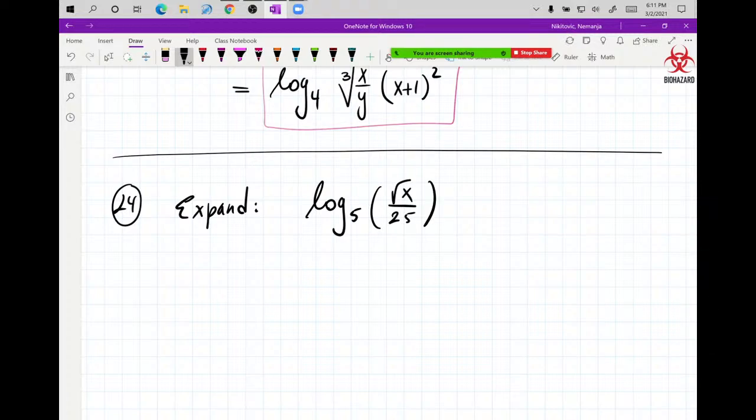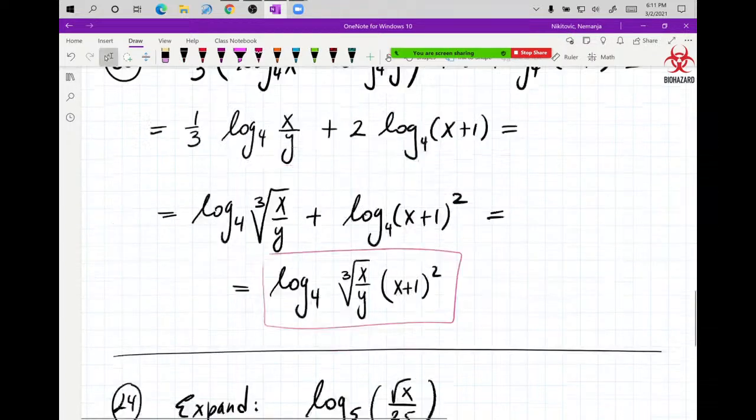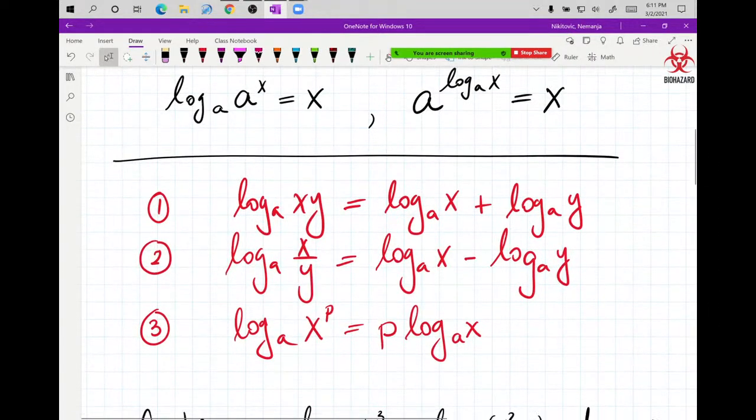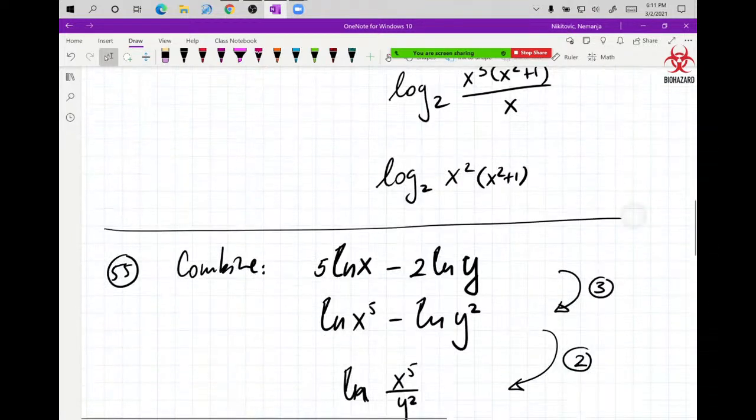So this is one of the basic problems. And you immediately say, oh, there's a division, right? So by the formula we learned, the division, number 2, line number 2, right? Division goes into subtraction of two logs.